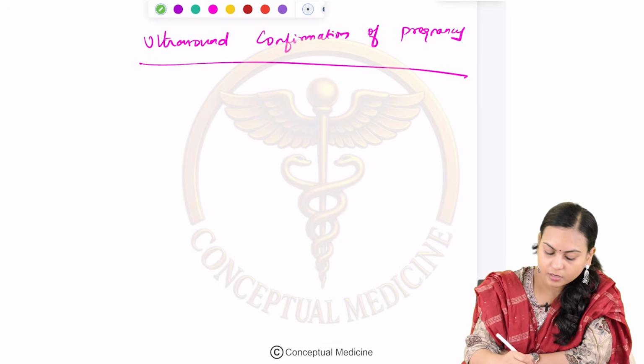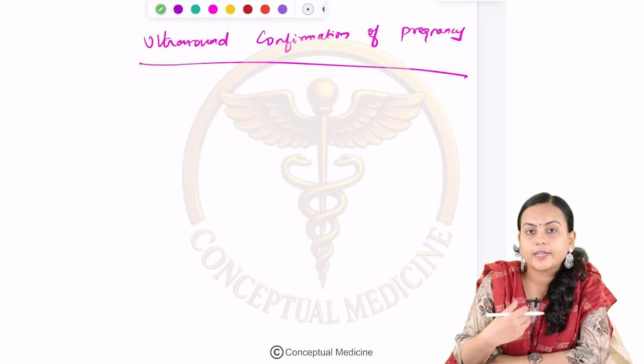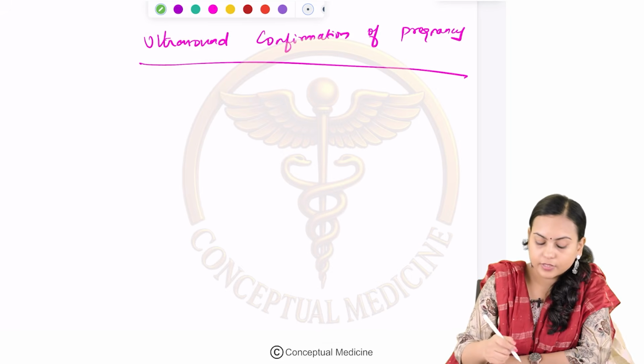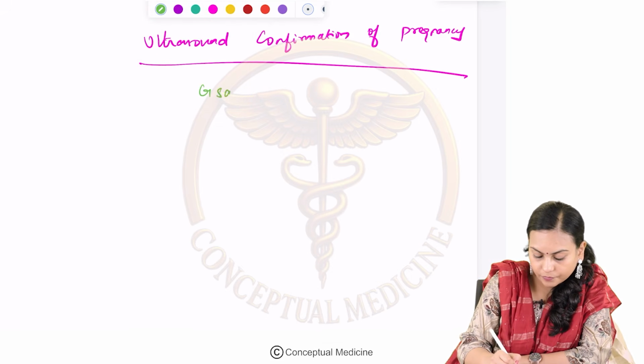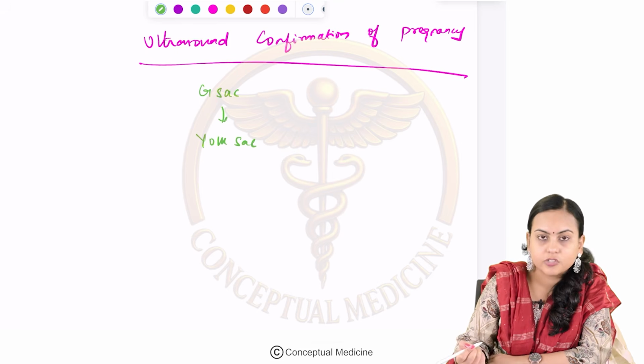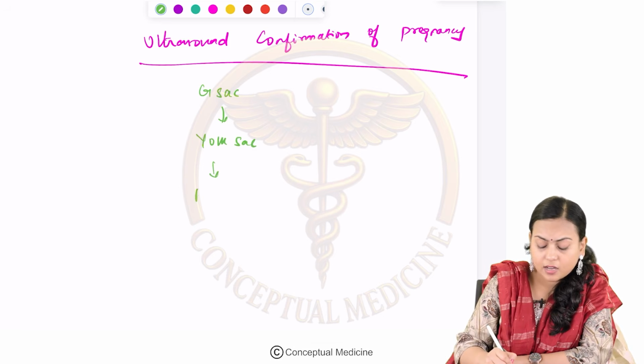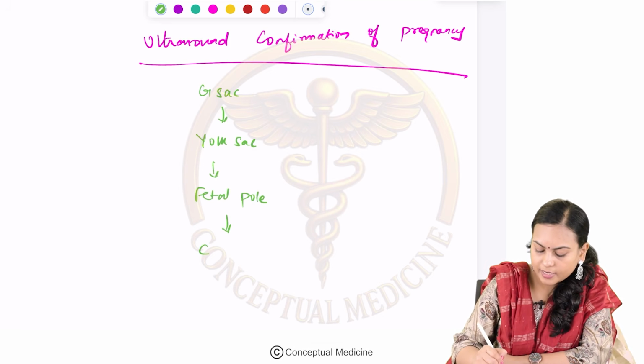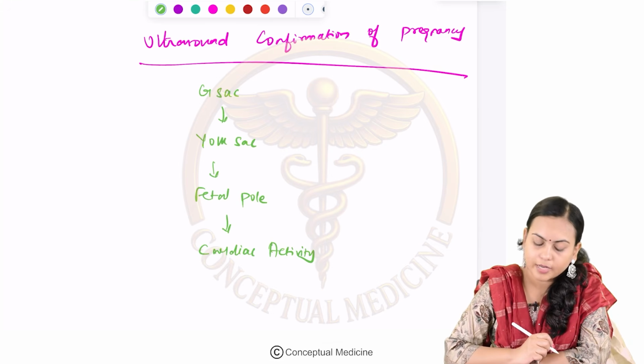So, while diagnosing pregnancy via ultrasound, the first structure we'll be able to see is the G-sac. Then comes a yolk sac inside the G-sac, and then a fetal pole develops, and then finally cardiac activity comes in the fetal pole.